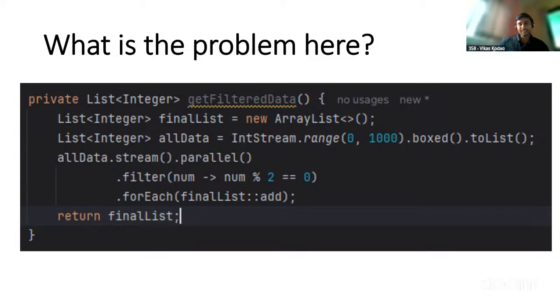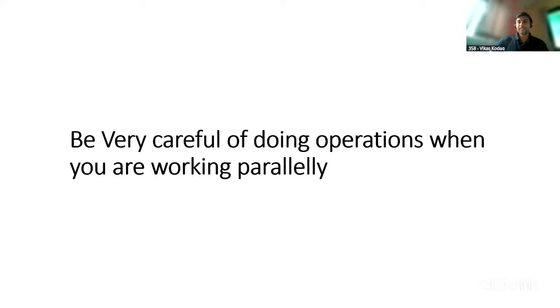So that's the first example that I had for you. The learning from this example: we should be very careful of the objects and APIs that we are using when we are working in a multi-threaded environment, right? All the elements that we use have to be thread safe. If not thread safe, we have to ensure that the operations that we are doing on them are thread safe.